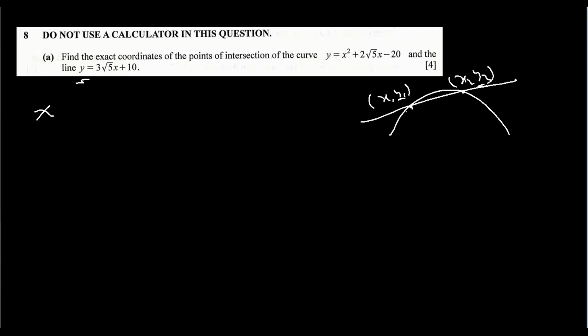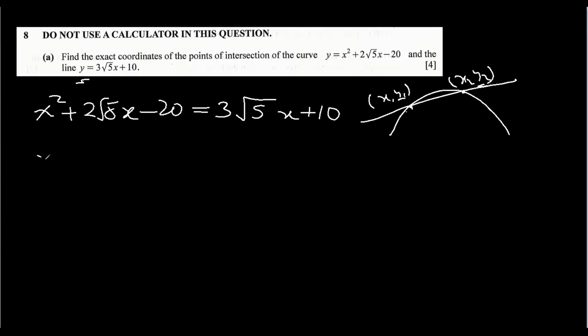Let's do that. x square plus 2 square root 5 x minus 20, which is y in the curve, will be equal to the y of the line, which is 3 square root 5 x plus 10.